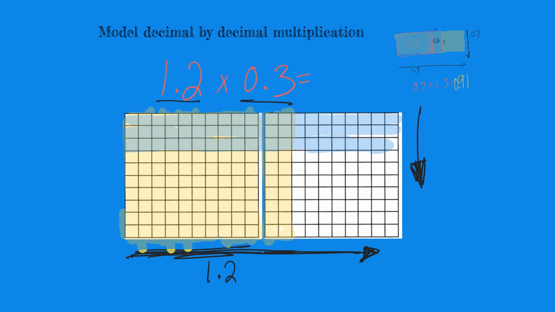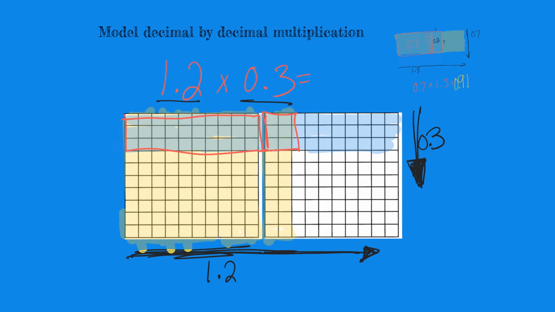So what we did is we shaded our 3/10 going down this way. So now all we're concerned about is just this area that has both of them shaded in, this dual shaded area.